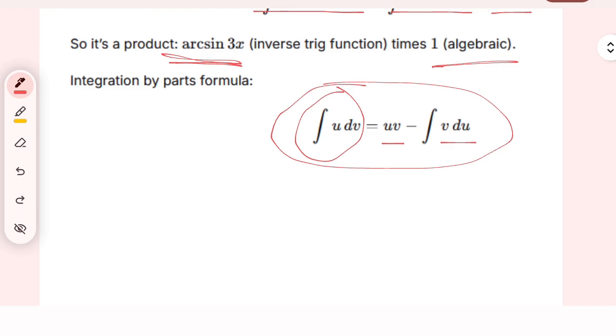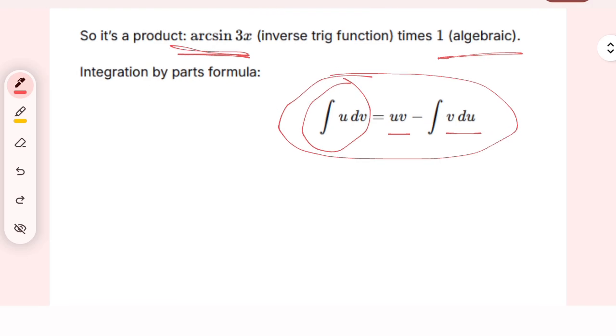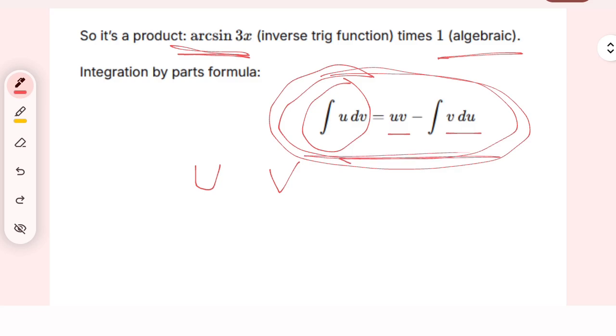What we will do now is first identify what is u and what is v. Once we have identified both, we will substitute them into the formula of the integration by parts, and then simplify to get our final answer.